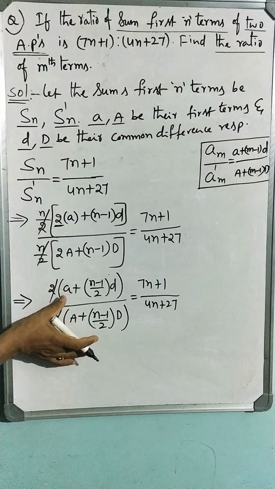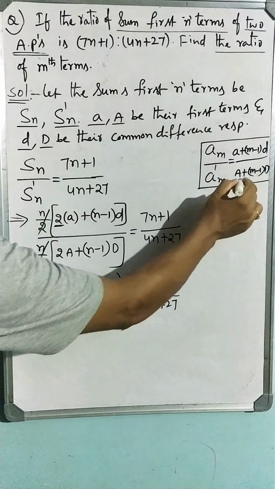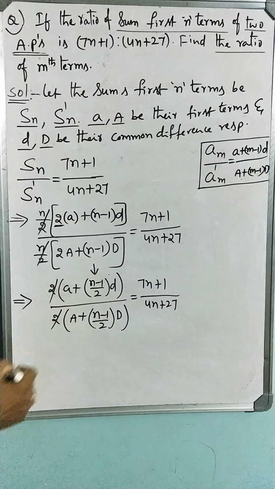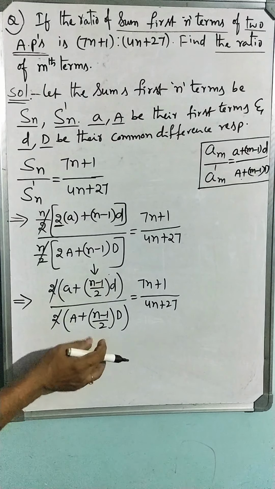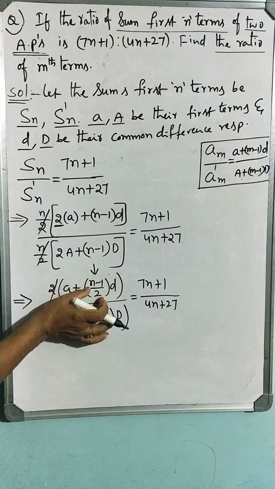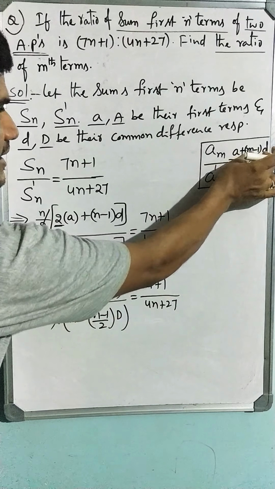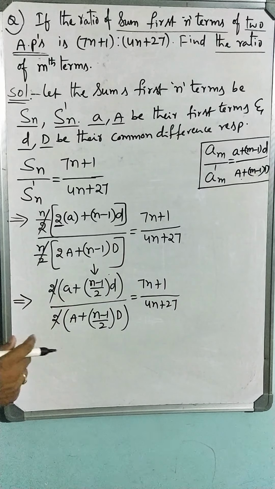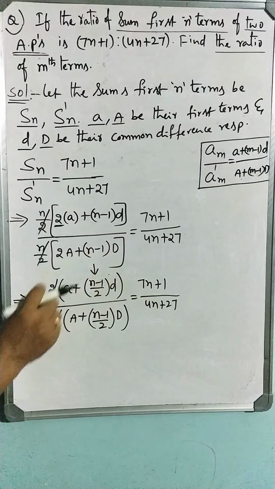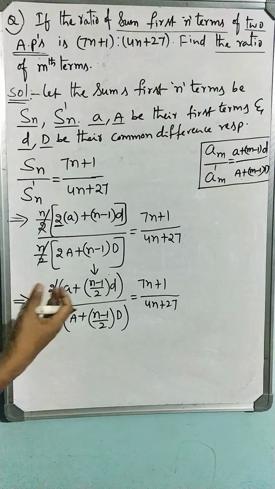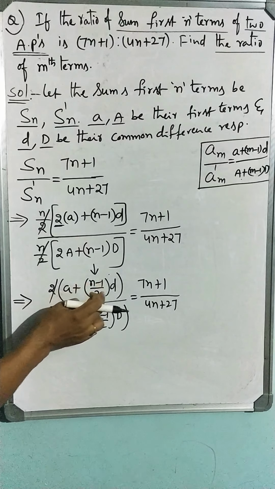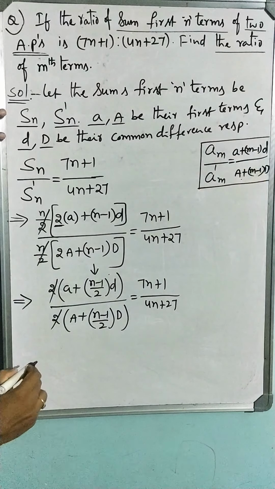Now let us carefully observe here. This ratio simply looks like the required ratio. The only difference is here you need m minus 1. So in the place of n minus 1 by 2, if you can get m minus 1, you are done with the required ratio. If you can make the necessary changes in the RHS, you will get the ratio. So let us take n minus 1 by 2 as m minus 1.